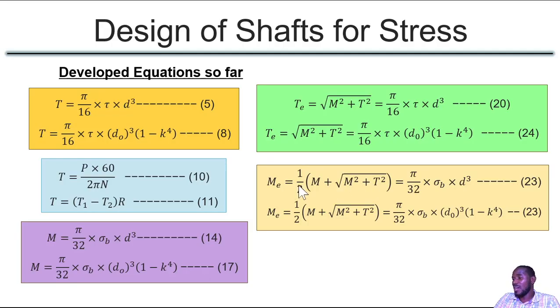So we have this expression here that we say is the equivalent maximum bending moment, right? And then we equate that to the same thing we had in equation 14, right?